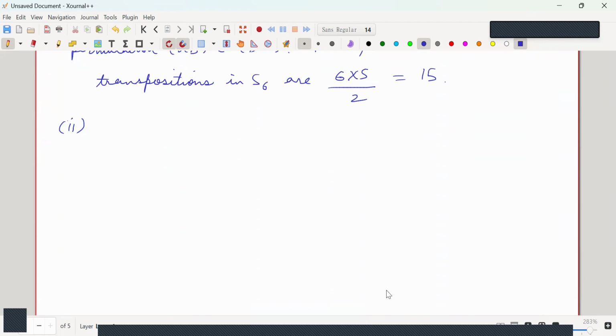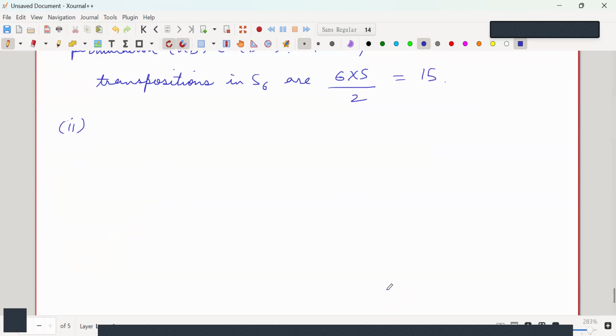How do you know that the cardinality of A_n is half the cardinality of S_n? So we need to prove that, right? Yes, sir.